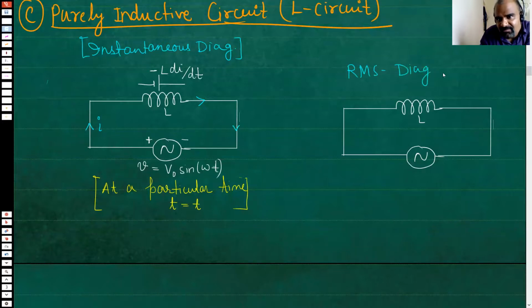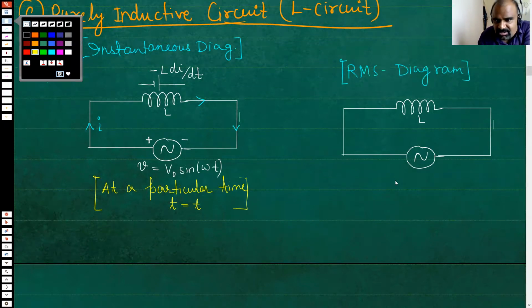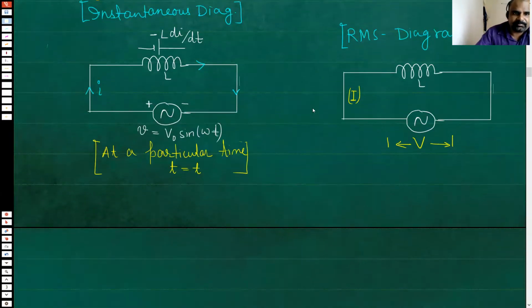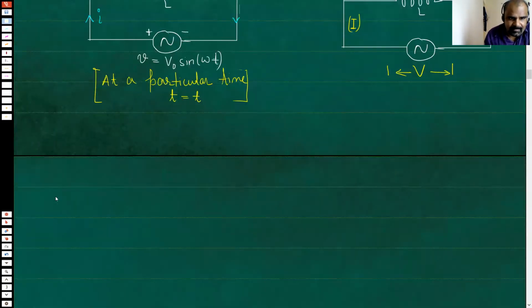In this diagram, whatever we show will be only RMS values. So the voltage across these 2 points on an average, that means RMS, is capital V. The current, capital I. No direction, don't show direction.